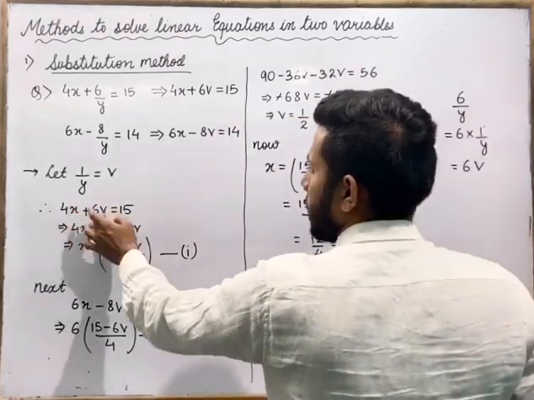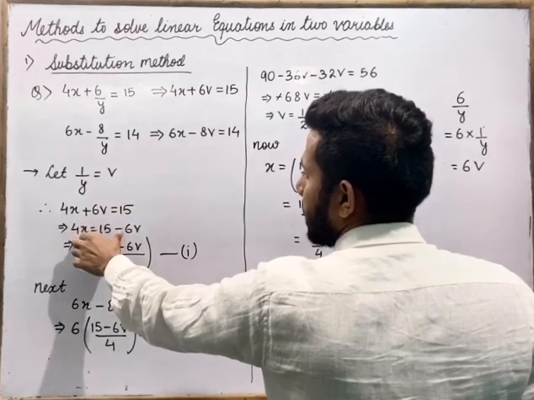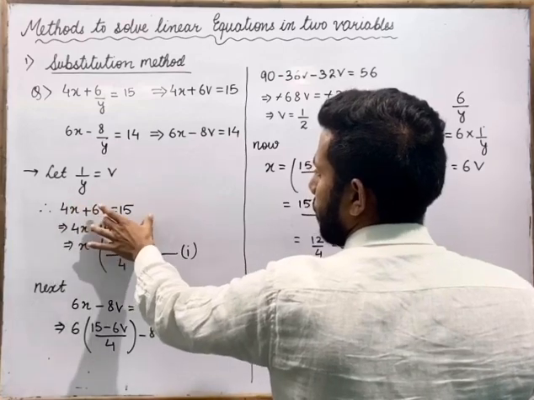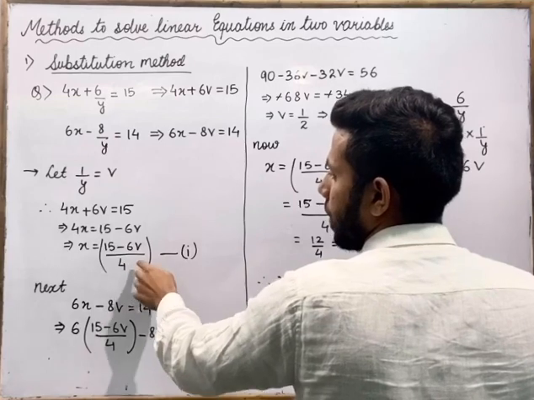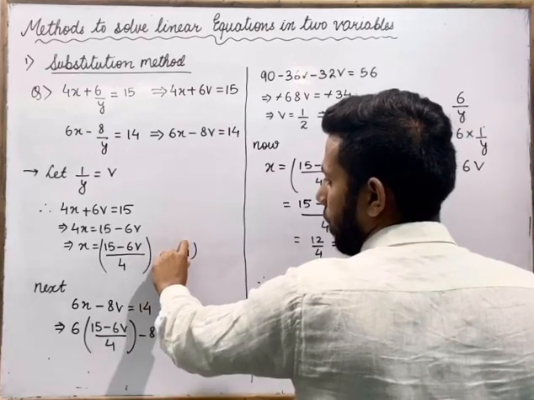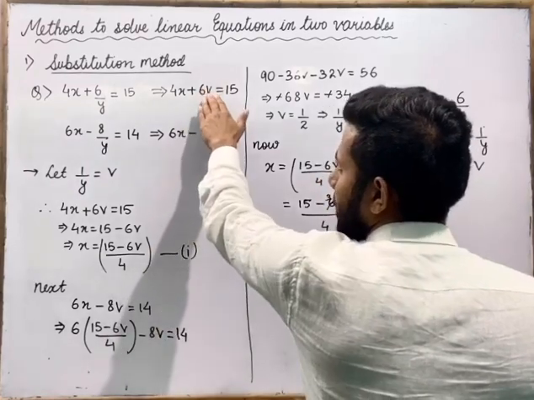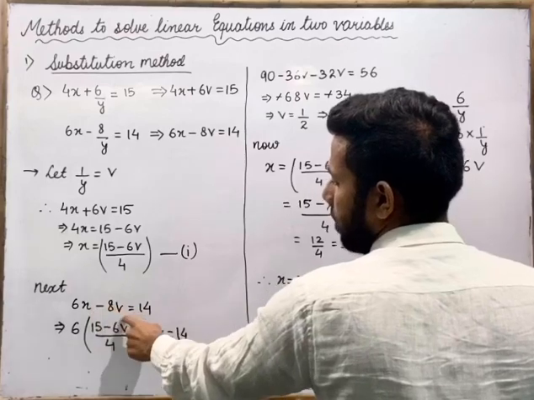So 4x plus 6v equals 15. We have changed x in terms of v. So x equals (15 minus 6v) by 4. So we have got the value of x. Now we substitute this value of x from the first equation into the second equation, 6x minus 8v equals 14.